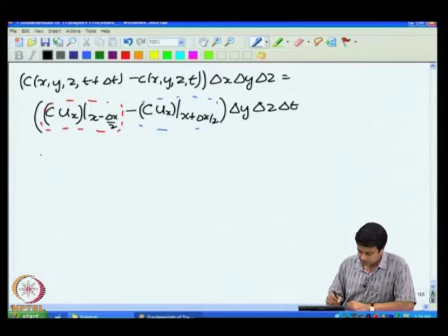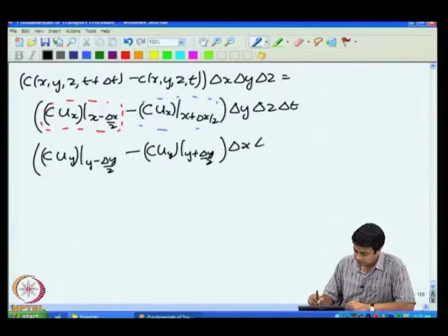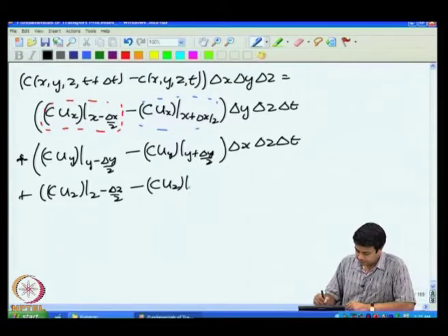Then in the y direction, you get C u y at y minus delta y by 2 minus C u y at y plus delta y by 2 into delta x, delta z, delta t plus C u z at z minus delta z by 2 minus C u z at z plus delta z by 2, delta x, delta y, delta t.